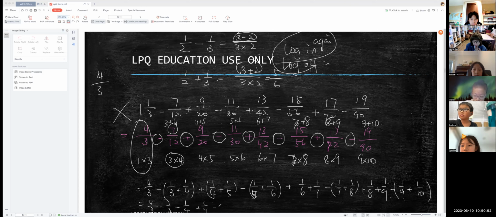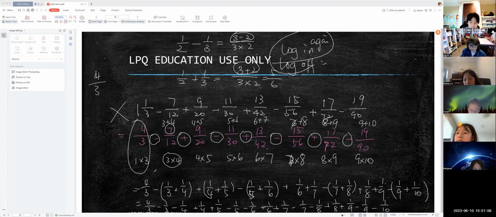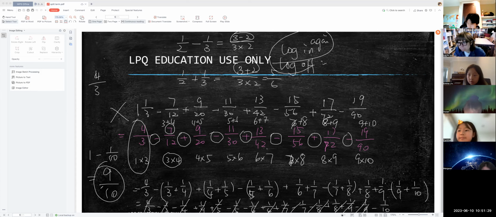Plus 1 over 4 plus 1 over 5 minus 1 over 5 minus 1 over 6 plus 1 over 6 plus 1 over 7 minus 1 over 7 minus 1 over 8 plus 1 over 8 plus 1 over 9 minus 1 over 9 minus 1 over 10, right? Did you notice? Negative 1/4 and positive 1/4 are gone, positive, negative, positive, they're all gone. So the answer becomes what? 4/3 minus 1/3 equals what? Equals 1 minus 1 over 10. So the answer is 9 over 10. So that is the final answer.